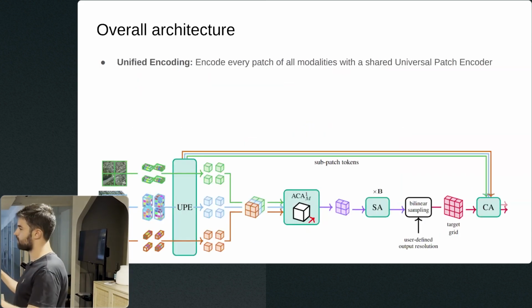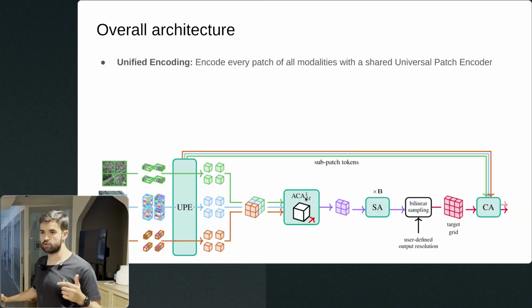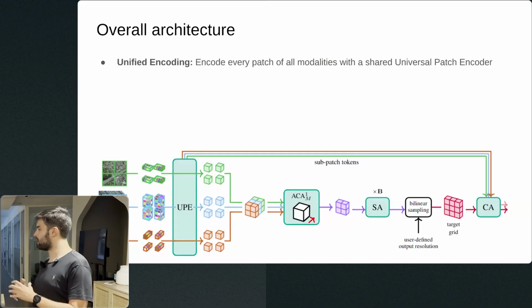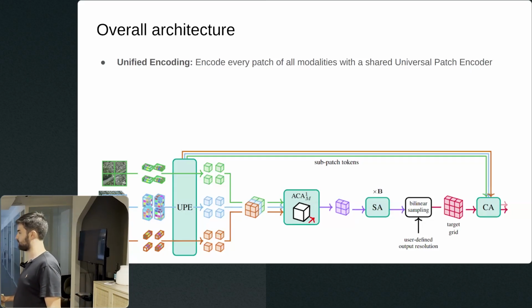Now that we have a universal patch encoder, we're going to define the new architecture. Every image will be processed by the universal patch encoder to produce a representation. Then we're going to still do an axial cross-attention, but on the modality axis, to produce a unimodal representation. And then we'll have the regular self-attention of a vision transformer.